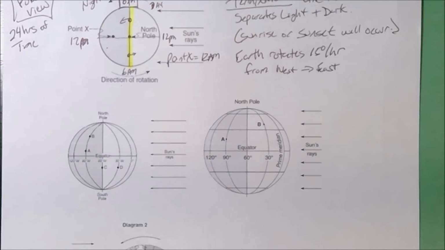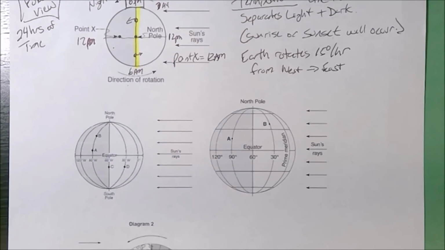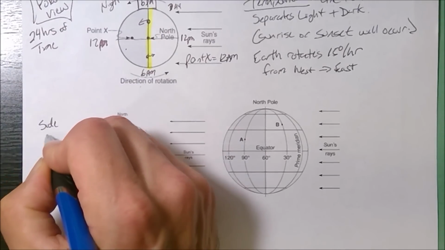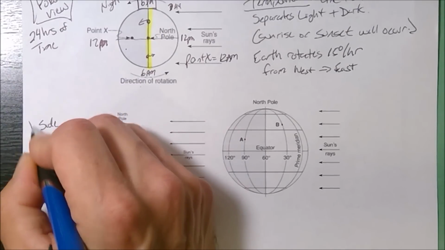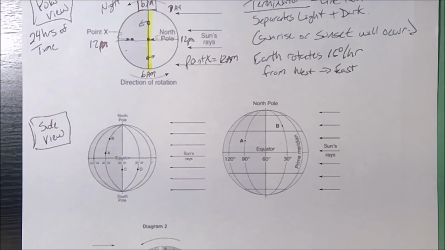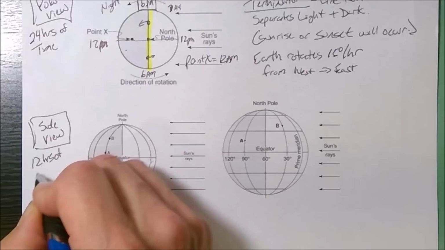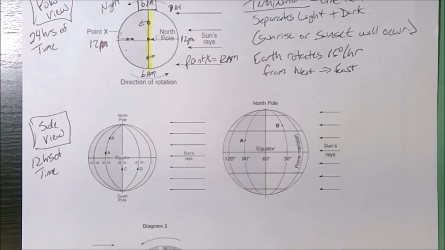Now, another set of views. This one you're looking at is a side view or an equatorial view. The side view or the equatorial view only gives you 12 hours of time because there's half of the planet that you can't see.